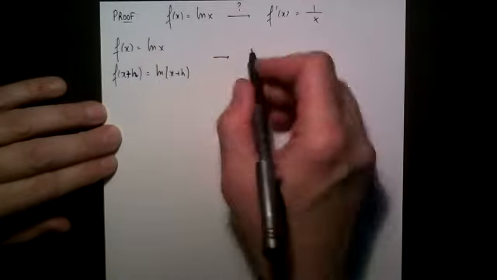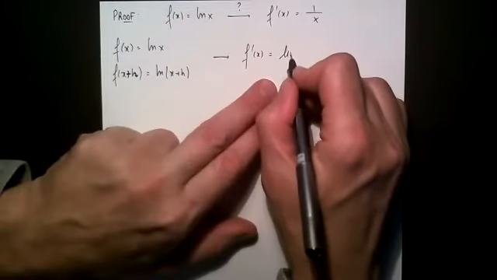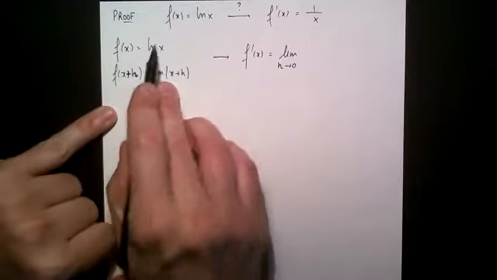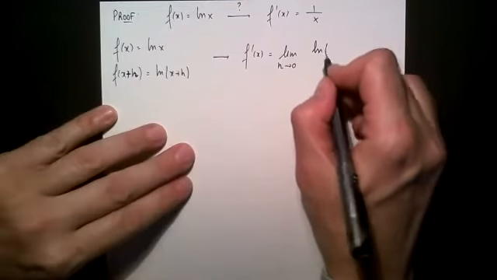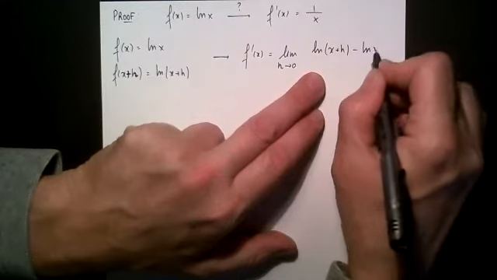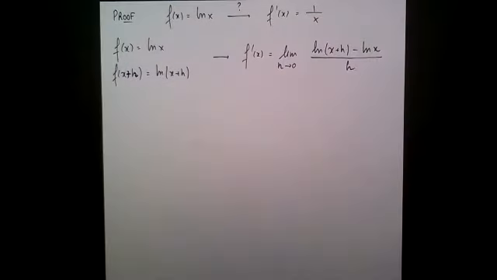So f prime of x, my definition tells me, is equal to the limit as h approaches 0 of f of x plus h minus f of x over h. So ln of x plus h minus ln of x, over h. So far, so good? No questions?